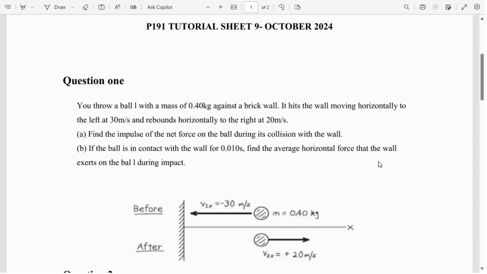Question A, find the impulse of the net force on the ball during the collision with the wall. B, if the ball is in contact with the wall for 0.010 seconds, find the average horizontal force that the wall exerts on the ball during impact.